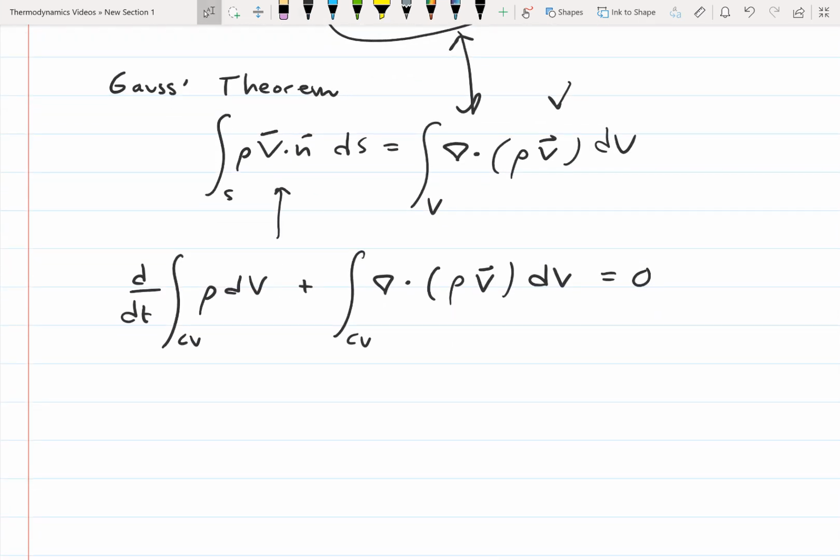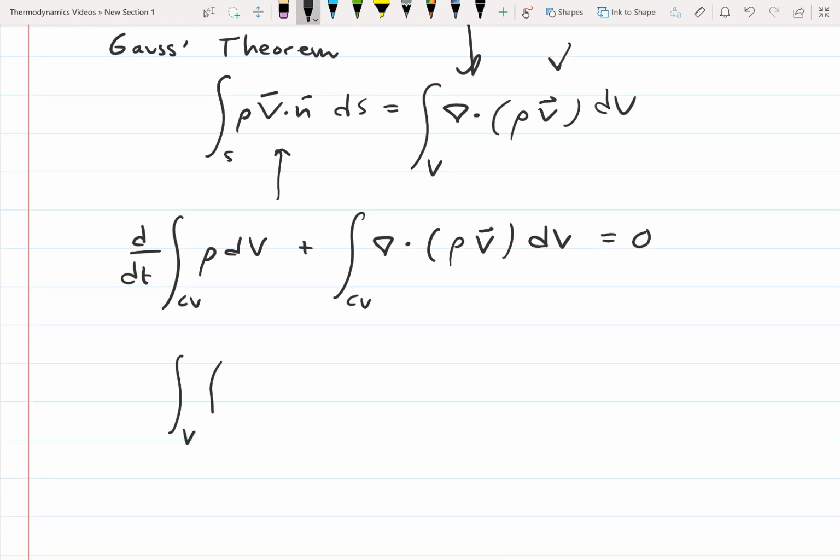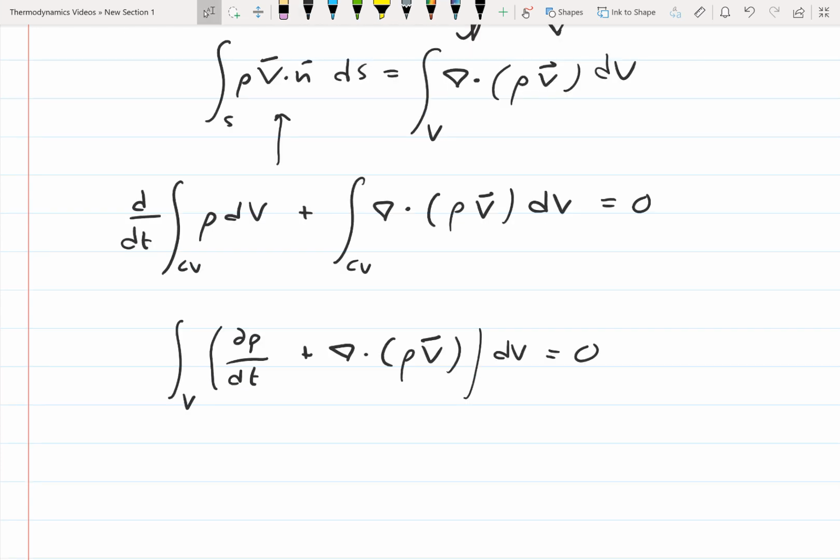So now we can rewrite this like this. The integral over the volume of the partial of rho with respect to t, plus the divergence of rho v, dV, is equal to 0.